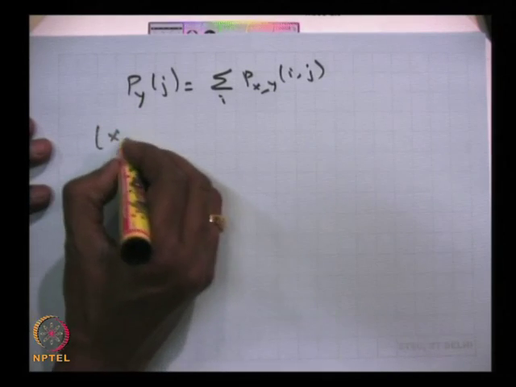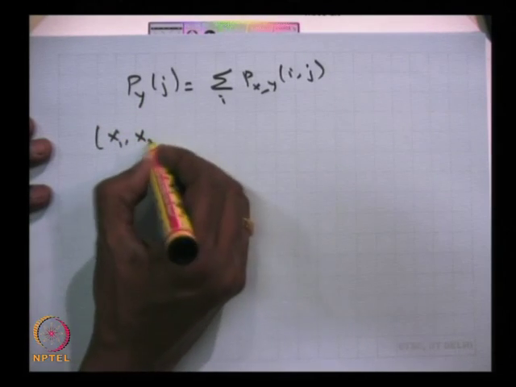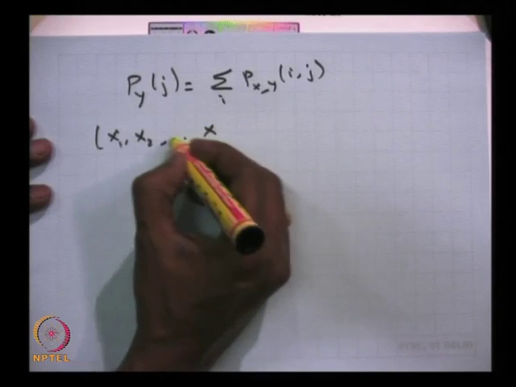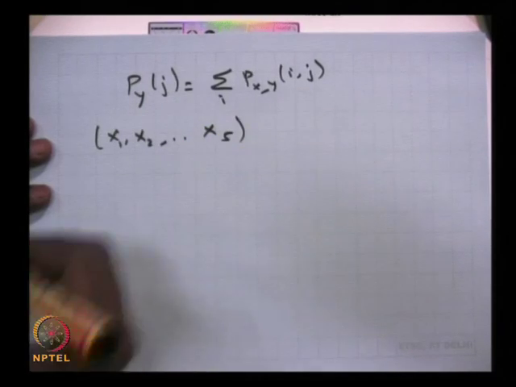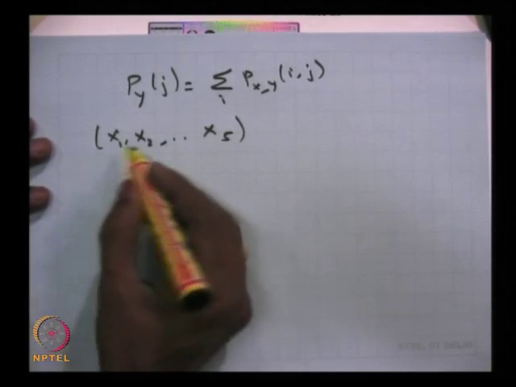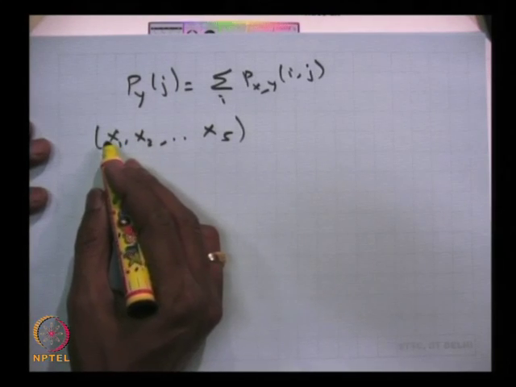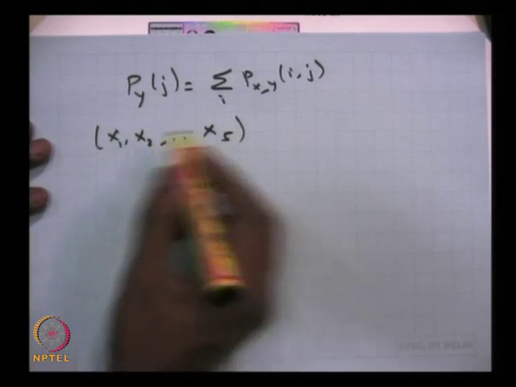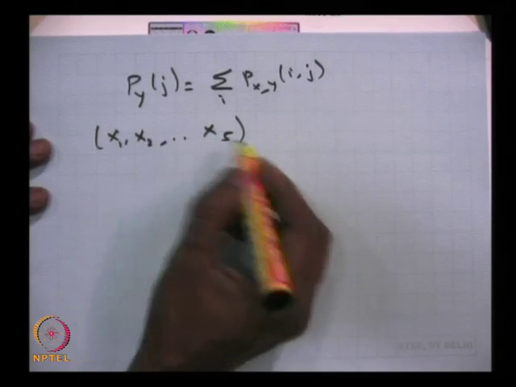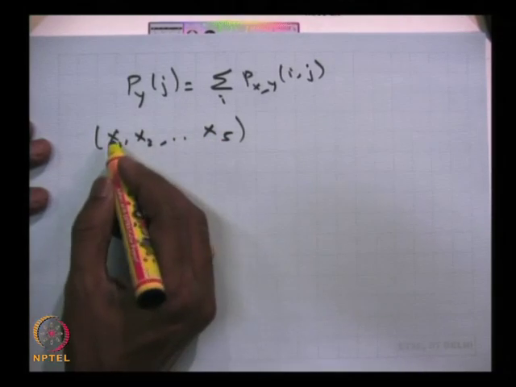Suppose you have an n-dimensional random variable, for example n equal to 5, a 5-dimensional random variable. Suppose all the random variables are of the discrete type, then you may have the joint probability mass function of this 5-dimensional discrete random variable.